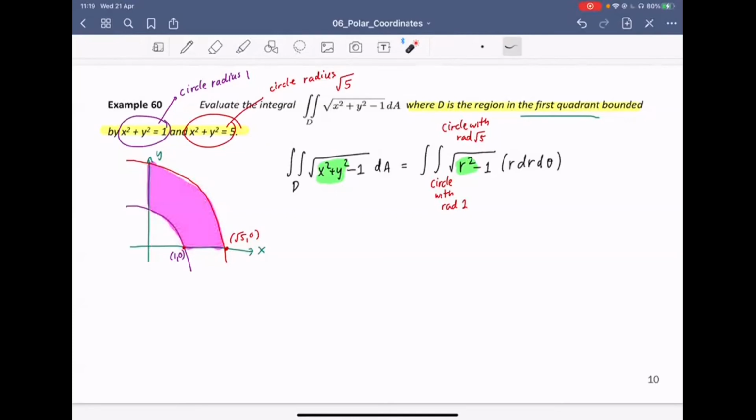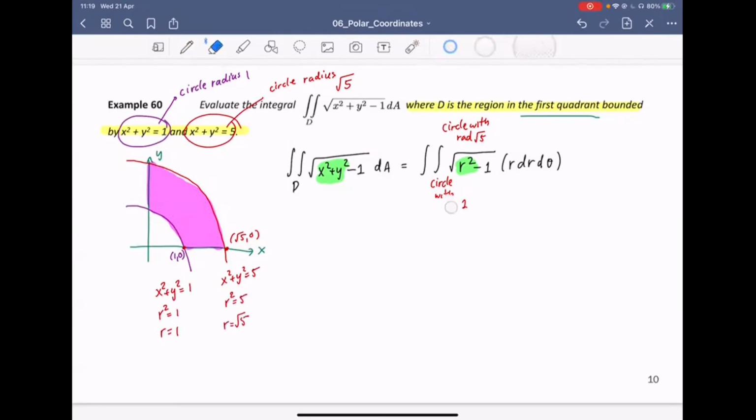Make sense? Then what is the equation x squared plus y squared equal to 1 in polar coordinates? This is r squared equal to 1, so r equal to 1. And x squared plus y squared equal to 5 is r squared equal to 5, so r equal to square root 5.